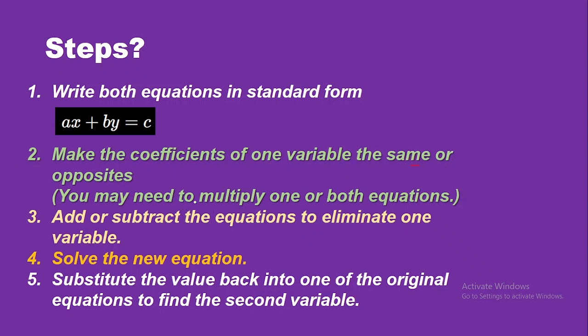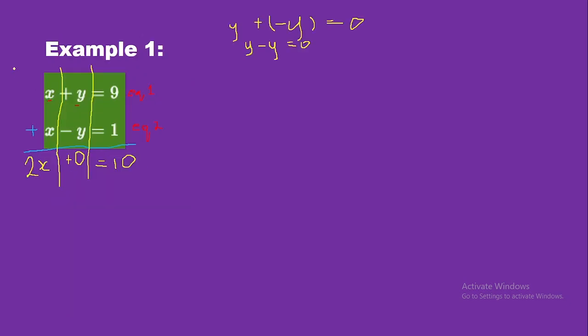In this case, we did not have to, because the coefficients for both x and y were the same, since each had a coefficient of 1, meaning we just had the letters alone. So we didn't have to multiply any equation by any number.